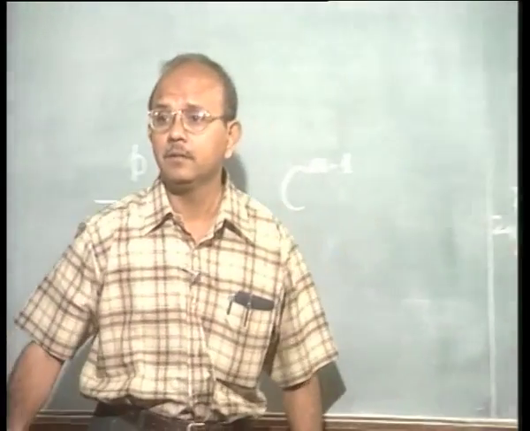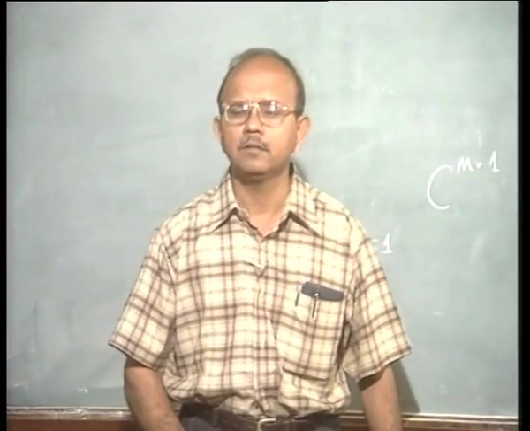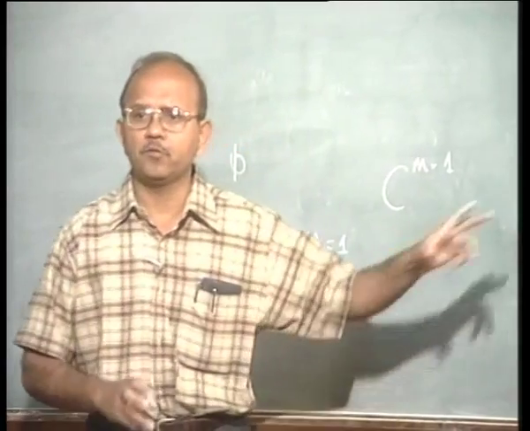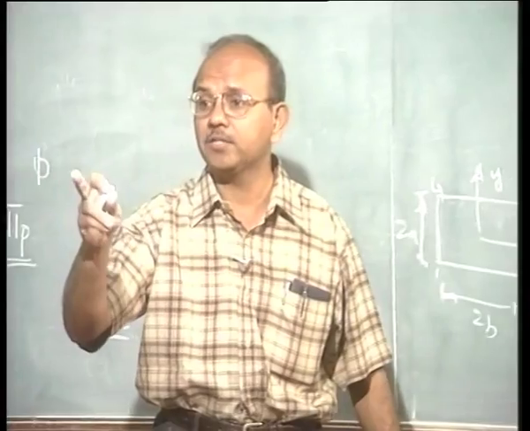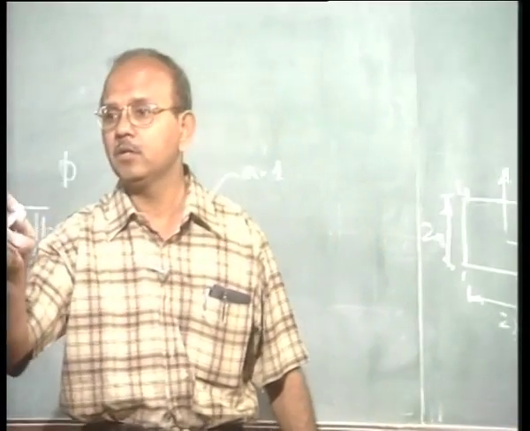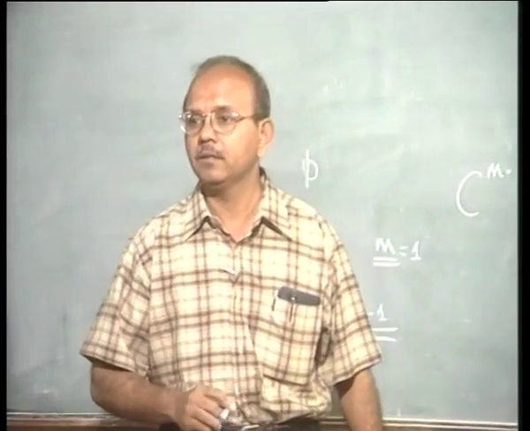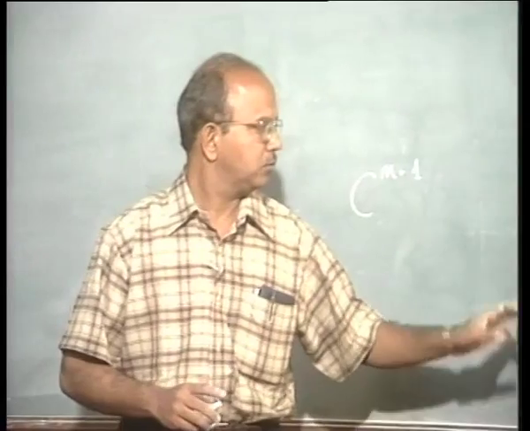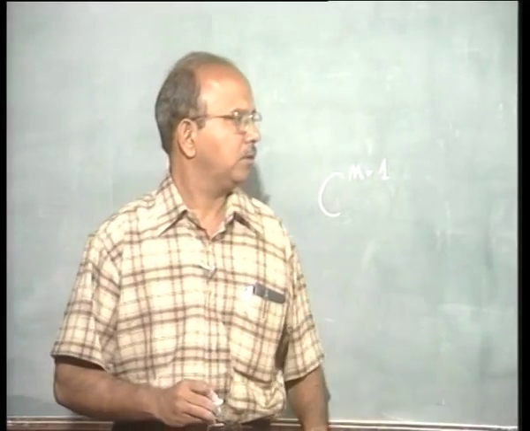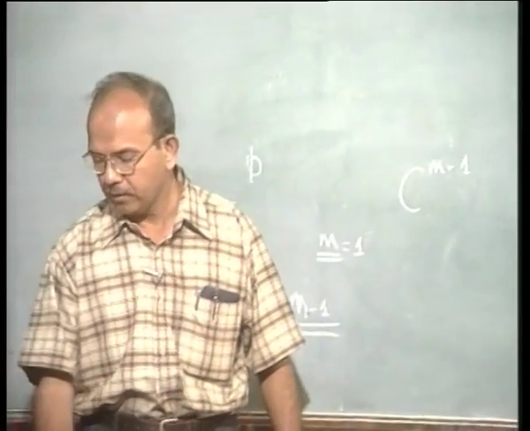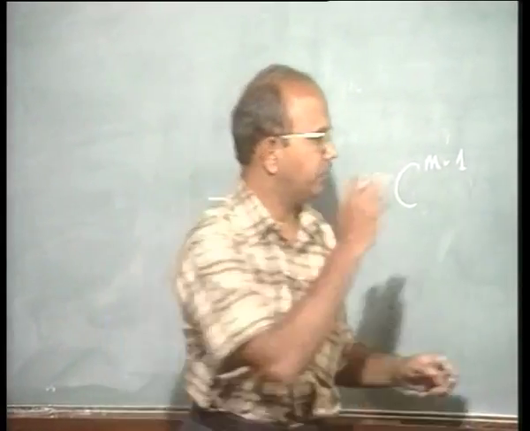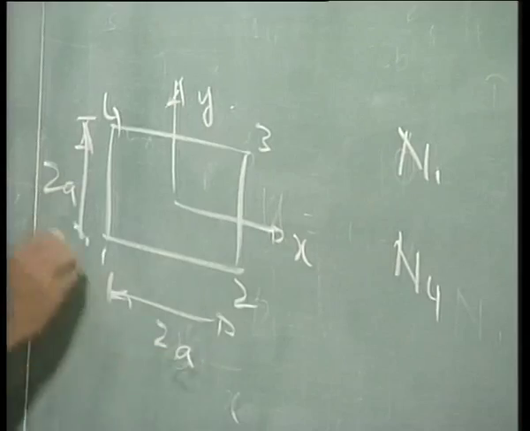No, I want it in terms of b and a: b minus y divided by 2b. Oh, okay, fine. This is 2b and I have given this as 2a, and yeah, fine. Let me stick to this.